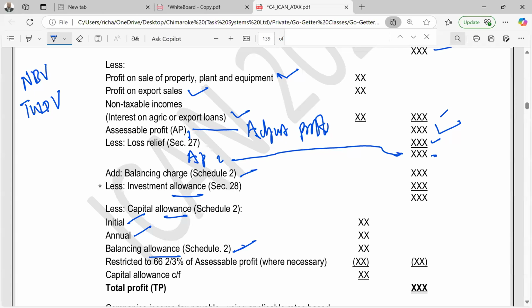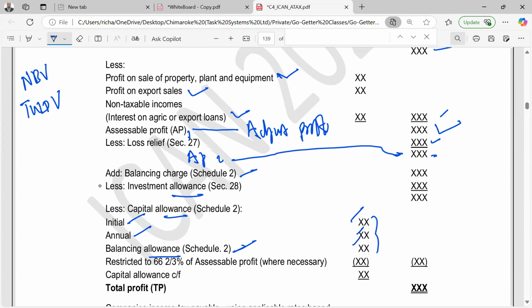So if you look at this, balancing charge is being added, and investment allowance is being deducted. Normally, investment allowance has no place with the normal capital allowance, because this is an extra allowance given to you. Now, looking at the capital allowance, this is the initial allowance, this is the annual allowance, and of course, this is your balancing allowance.